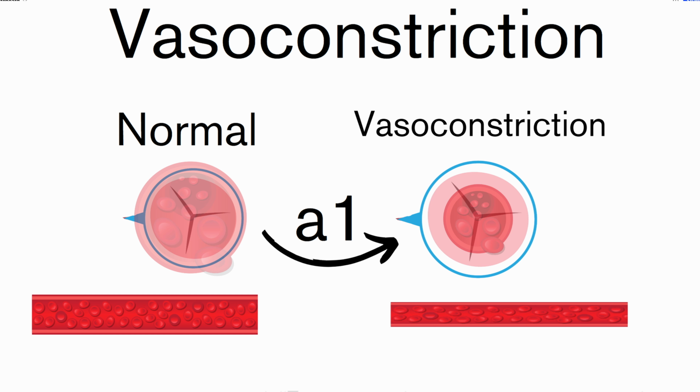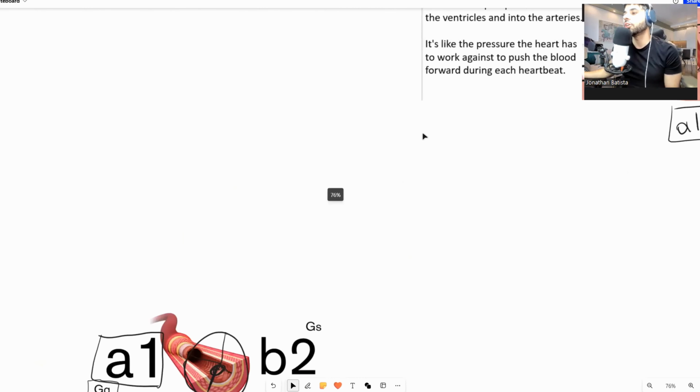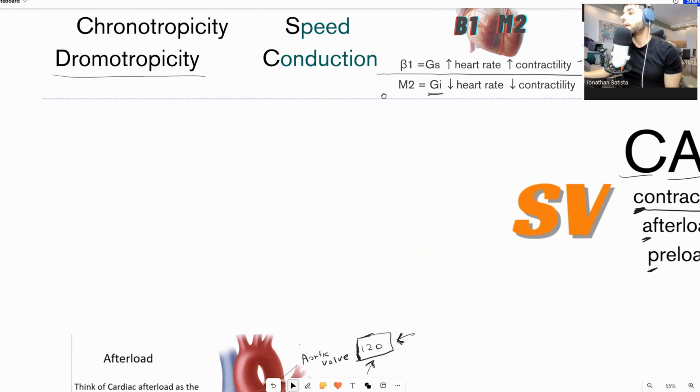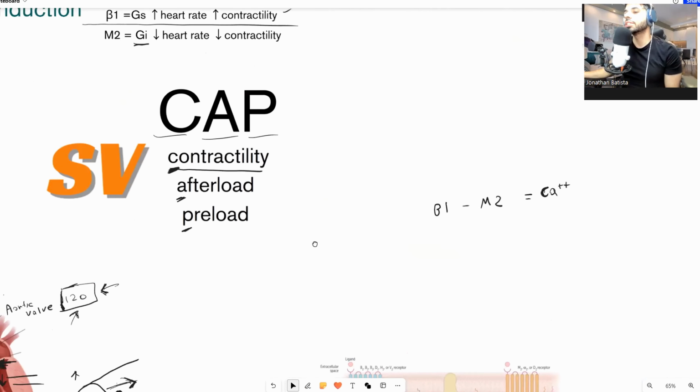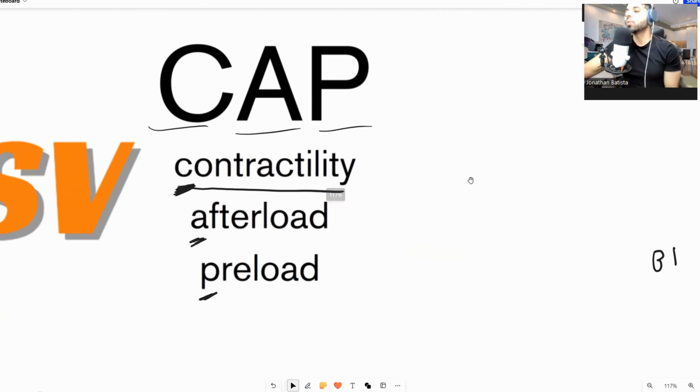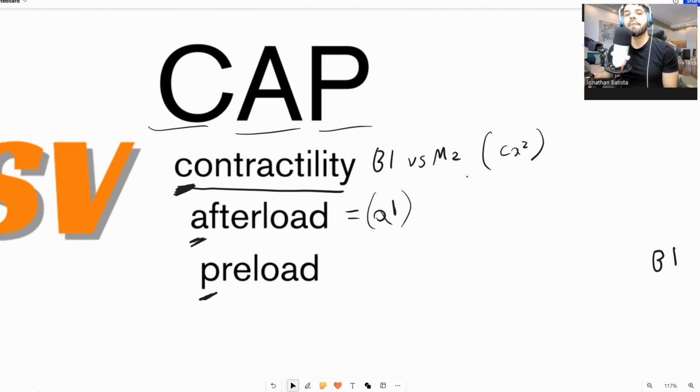So understand that. Alpha 1, so let's go back to the drawing, and I'll show you. So we said contractility, a lot of it has to do with beta 1 versus M2. And we said the main thing was calcium because of the intracellular secondary messenger system. Now, afterload, we're saying that it has to do with alpha 1, right?